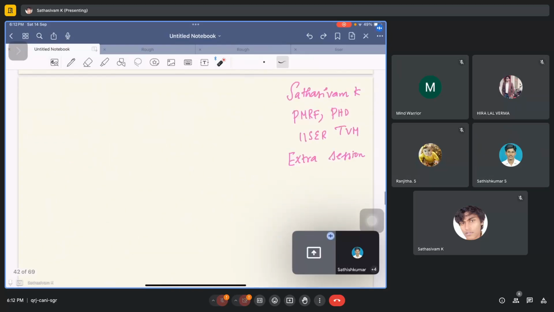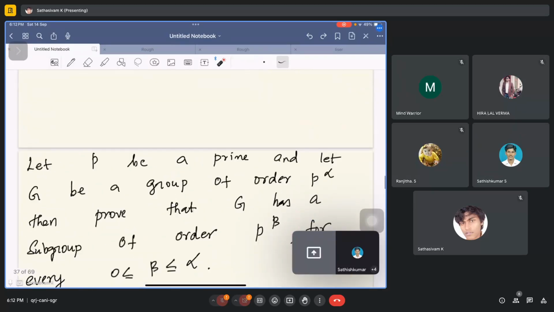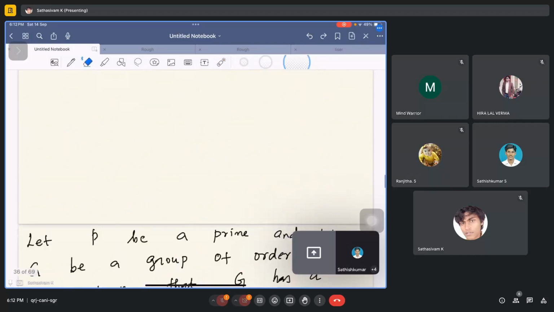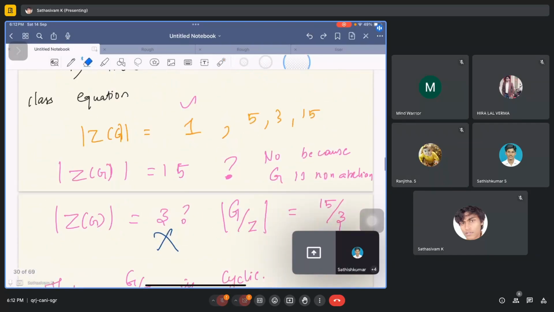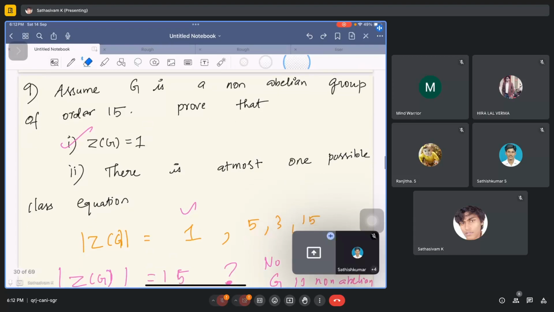Okay, I will show the problem here. This is from last class, not from today. What we proved is, assume there is a non-abelian group of order 15. At that point we don't know, let's assume we don't know. If we randomly give you an order, it is impossible to find, because these groups are of small order, right?